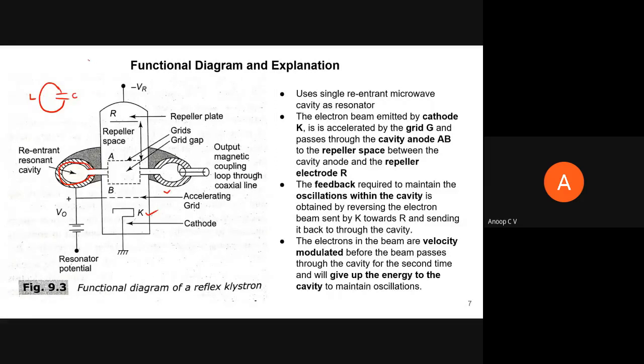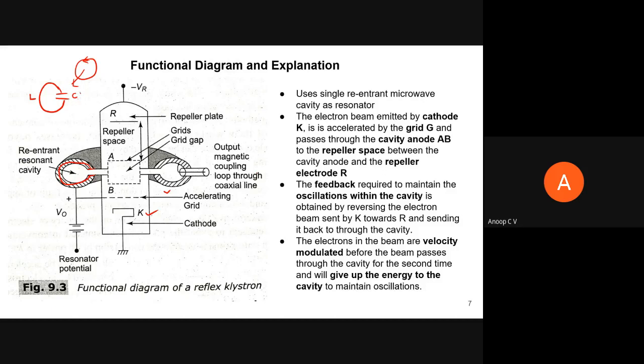So when there is a loop, when a current is flowing through the loop, there will be a magnetic field, right? That magnetic field is given by your right hand thumb rule. So if the current is flowing in this direction, the magnetic field will be out of the board, and if the current is flowing opposite, the magnetic field will be into the board. And as there is a capacitor, there will be an electric field.